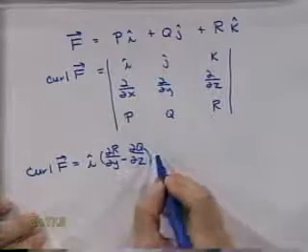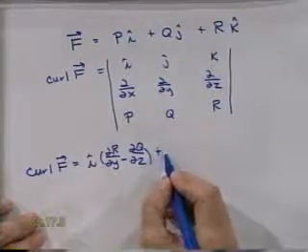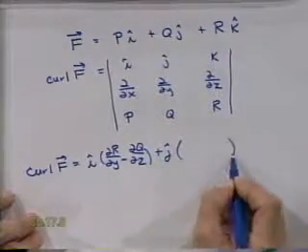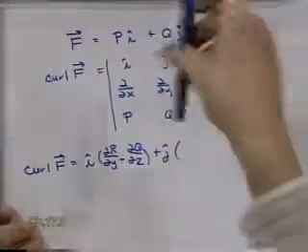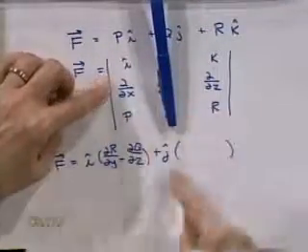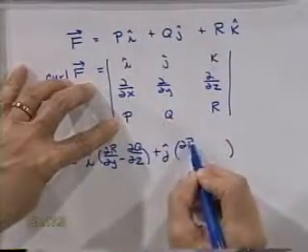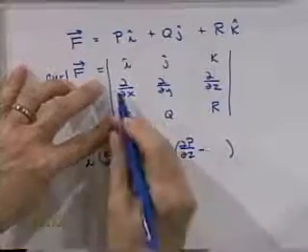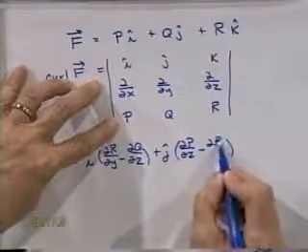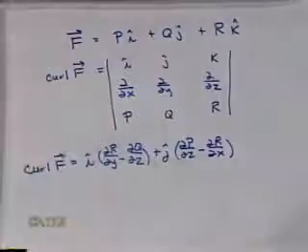Now normally we go minus j, but why don't I go plus j and just change the order of the subtraction, if that's okay with you. Normally we go minus j and then this minus that. Why don't we just go this minus this? So it's the partial of p with respect to z minus the partial of r with respect to x. Everybody with me?